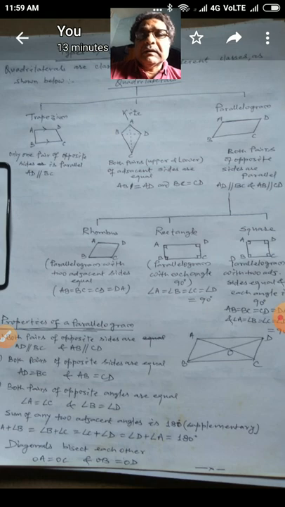It has four sides, namely AB, BC, CD, DA of a quadrilateral ABCD. It has four angles also: angle A, angle B, angle C, and angle D. Four vertices: vertex A, vertex B, vertex C, and vertex D.